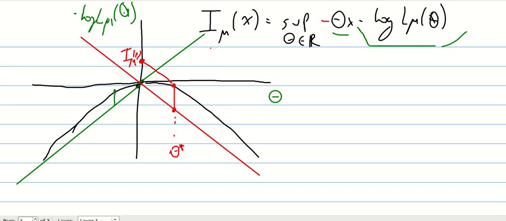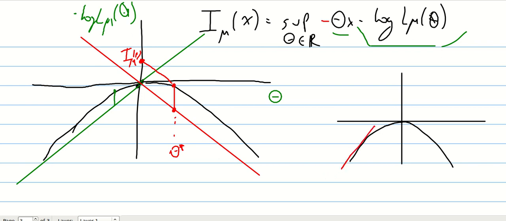So one way to see this is to take the function that you had originally. So I have a function like this, and we come with lines of various angles, and the angle of the line is x, and the point where this line hits the y-axis is I of x.